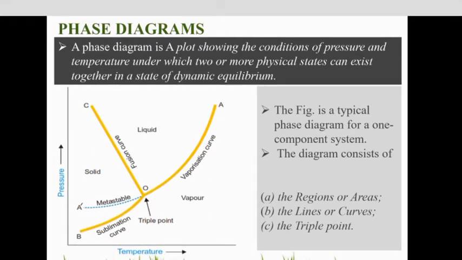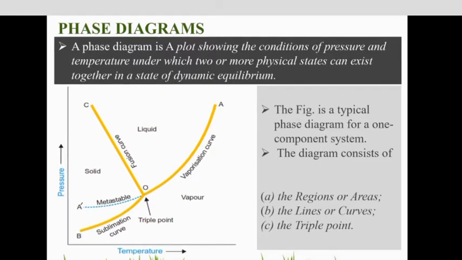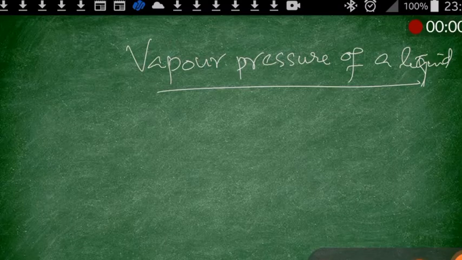At any point on a boundary between two regions, the two neighboring phases coexist in dynamic equilibrium. If one of the phases is vapor, the pressure corresponding to this equilibrium is just the vapor pressure of that substance. Therefore, the liquid-vapor phase boundary shows how the vapor pressure of the liquid varies with the temperature.